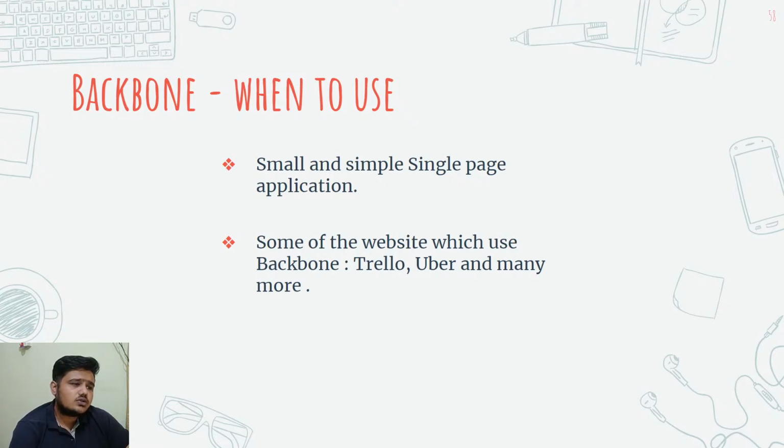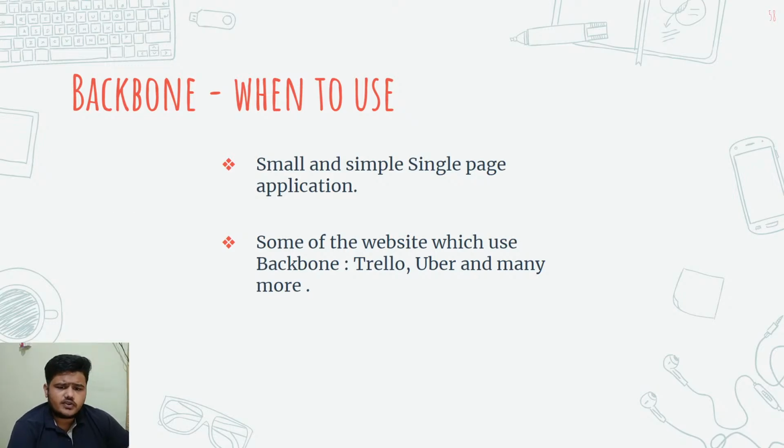Correct? So moving forward, there are some websites that use Backbone. They are Trello, Uber, and also Pinterest. Reddit as well uses Backbone. So yeah, these are some of the websites that use Backbone.